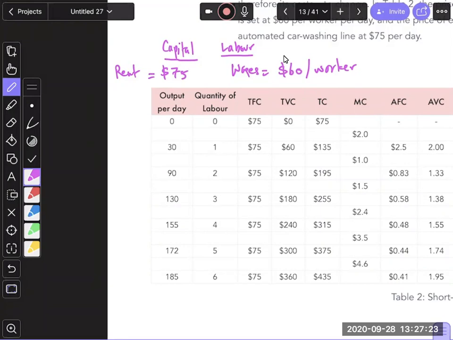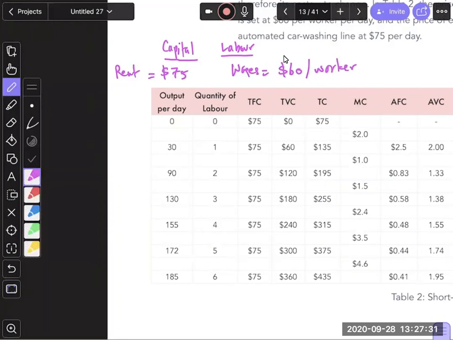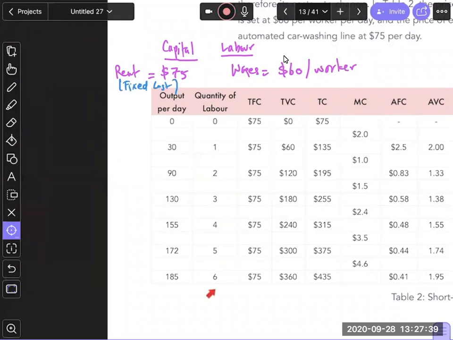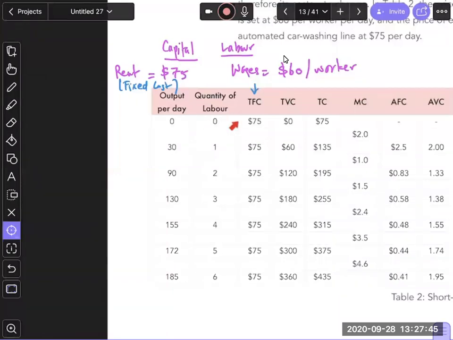As I keep making more and more output, the quantity of capital is not changing, and that's because it's a fixed factor, it has what we call a fixed cost. As I keep on hiring labor, my fixed cost is fixed at 75. For 0 workers it's 75, even for 6 workers it's 75. As I produce more and more, my fixed cost is not changing.